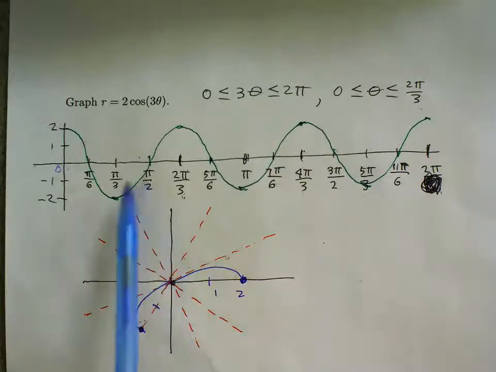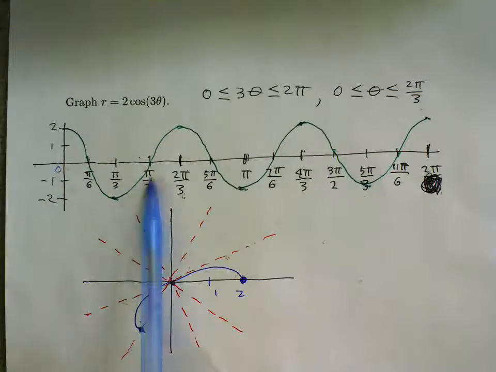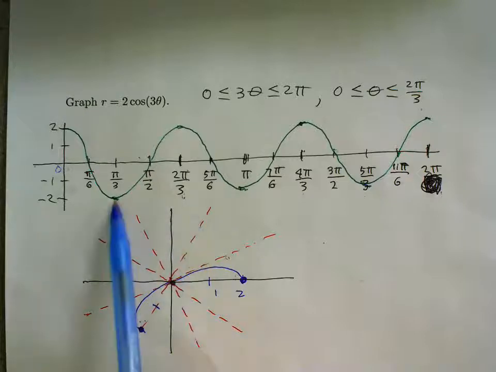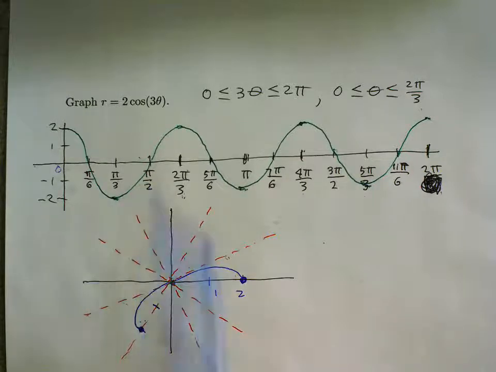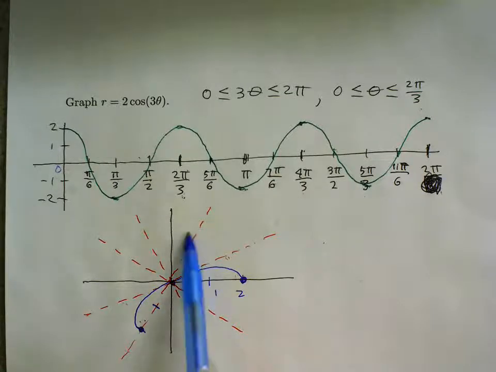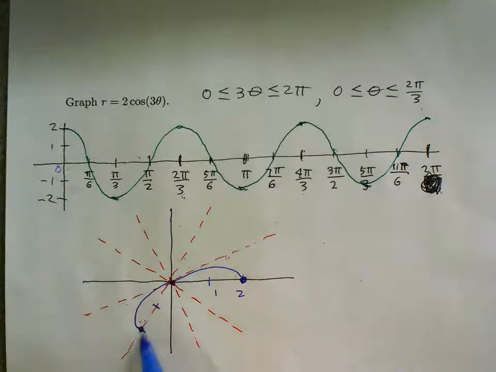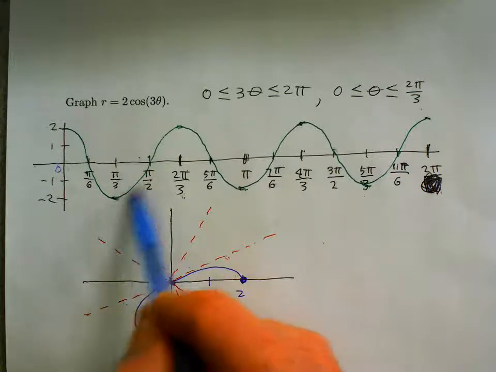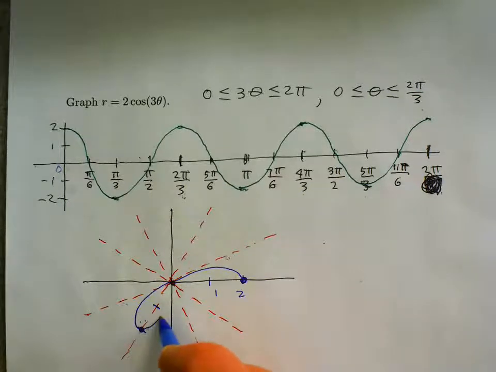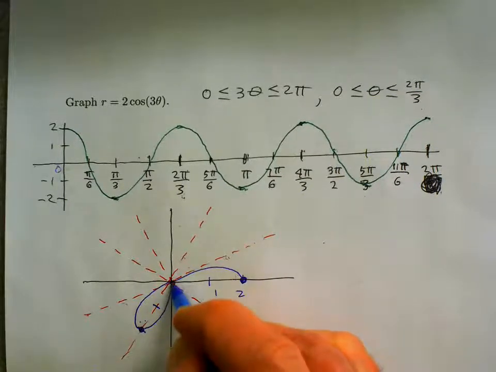Okay, the next interval is from pi/3 to pi/2. That's up here, but the R values are negative. So the graph is going to occur in the opposite part, the opposite sector. We're starting out at -2, but by the time we get to pi/2, we're at 0 again. So this is going to loop to 0.